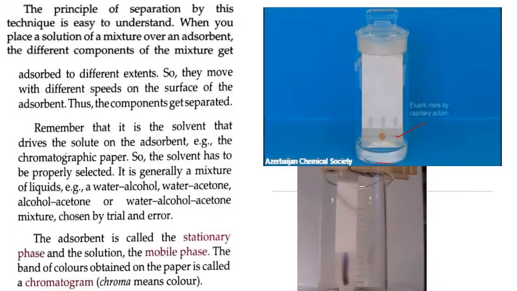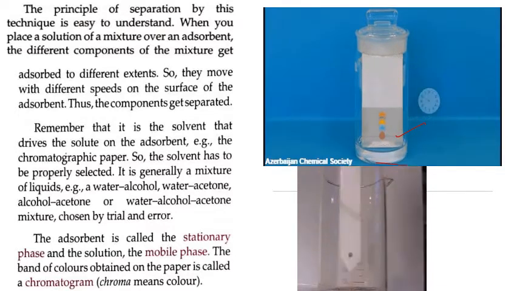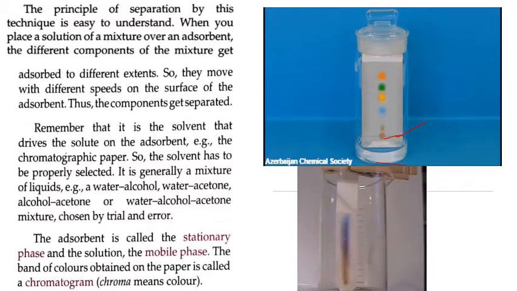The solution over here is made up of 2-3 solvents which you will get to know in higher classes. So what is happening is, the dot which is placed over here is the pigment of a flower or a plant leaf, whichever you are taking, and the colors which it has are adsorbed in different proportions.